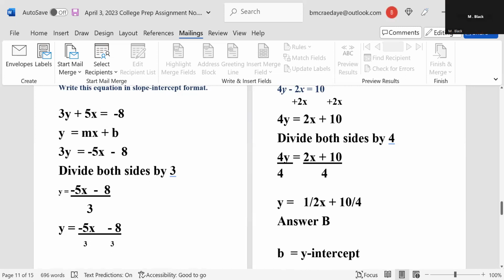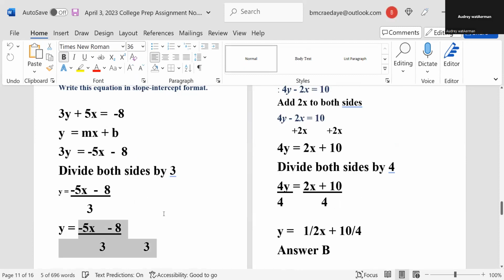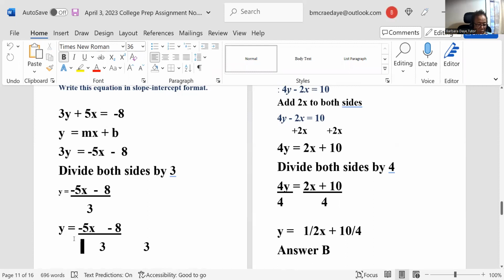Okay, I've got the last one ready. All right, let's go back through it. Let me just make that bigger. 5/3 and 8/3. Okay, bring this over and take out this underline in the middle because we don't need that.